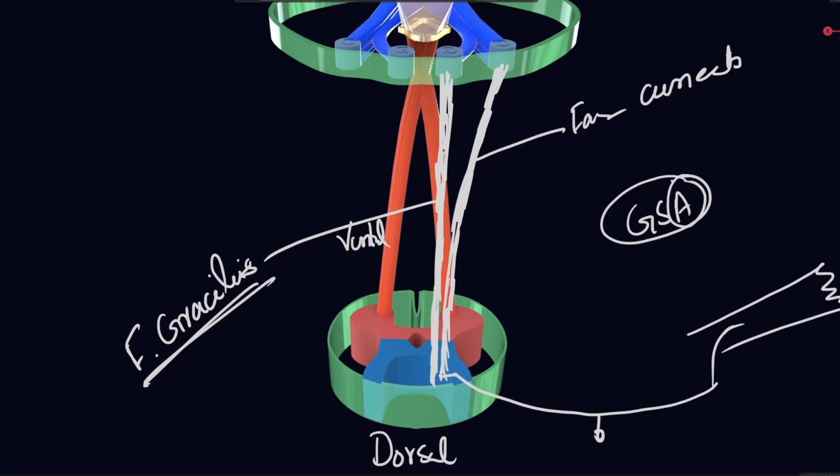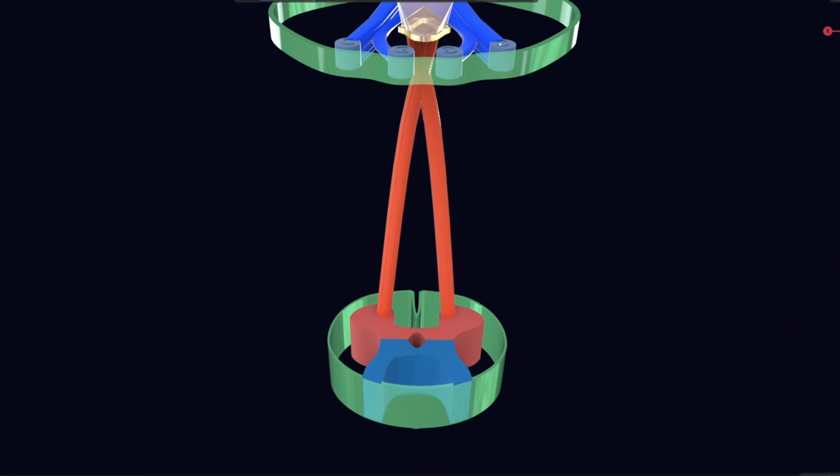Alar plate or basal plate? They are derived from basal plate. So naturally these nuclei, the nucleus cuneatus as well as nucleus gracilis, they are also derived from the alar plate. Now you cannot label these nuclei as general somatic efferent type of nuclei.